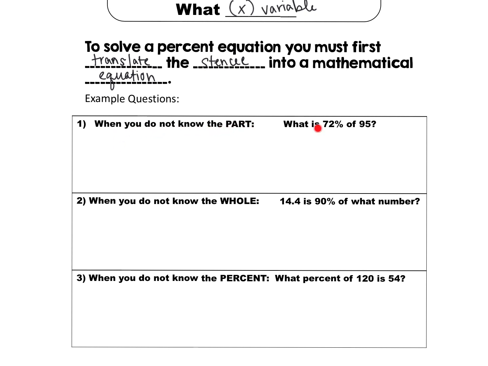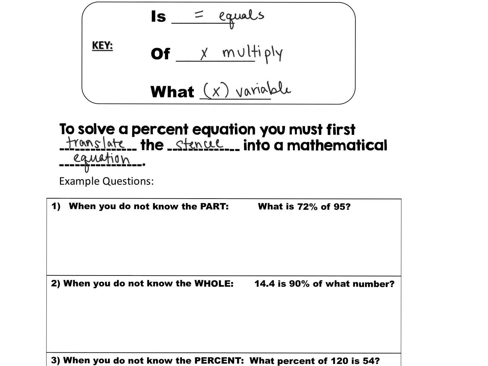So it says what is, and we said is means equals. So what is 72% of 95? And of means multiply. So we're going to say what means our x equals, and our 72%, we're going to turn into a decimal, 0.72, or you can just say 72 over 100 times 95.